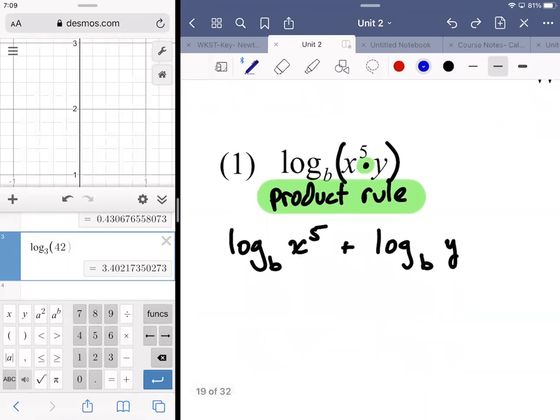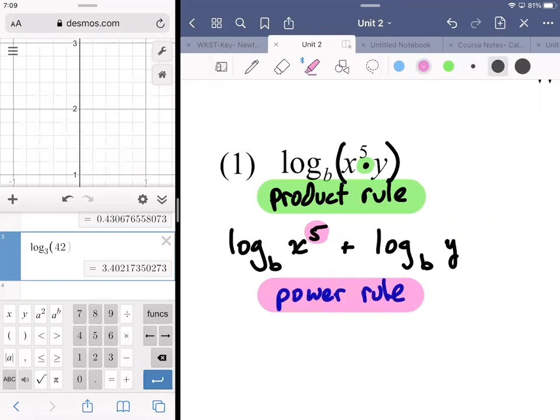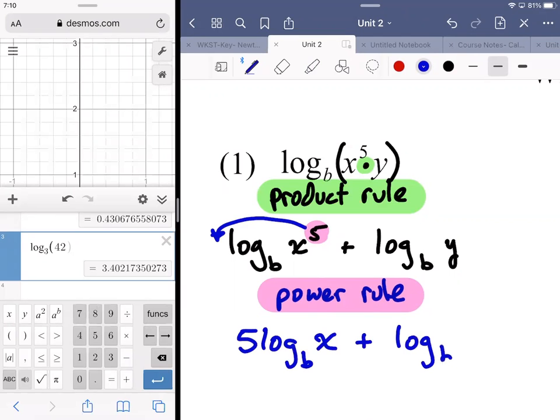So then I would look at this 5 now in this step, because I've isolated the term that has that power of 5, so power rule. That power becomes a coefficient. So I'd be looking at 5 log base b of x plus log base b of y.